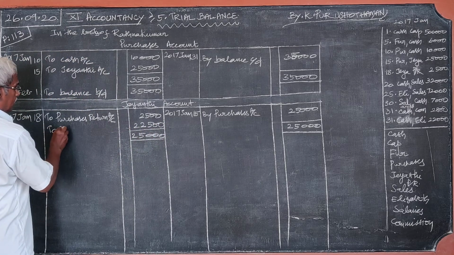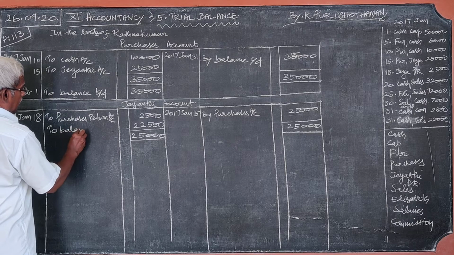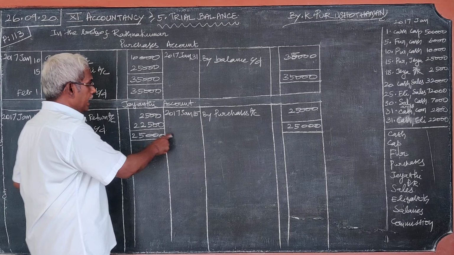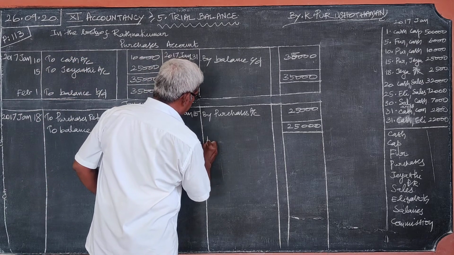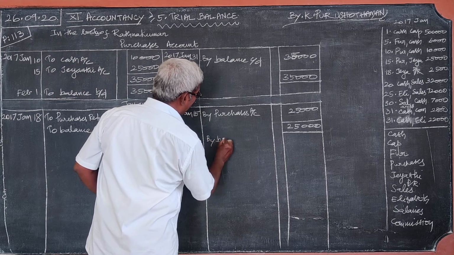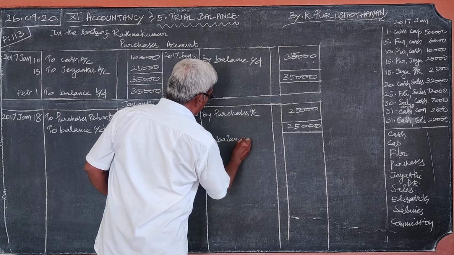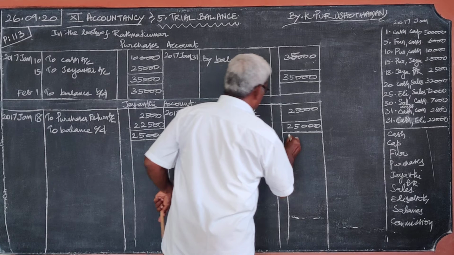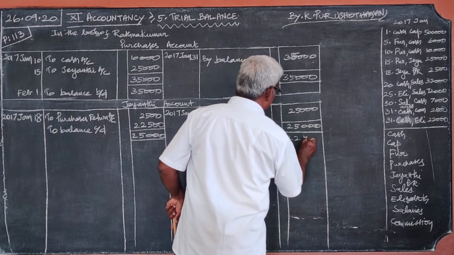So to balance, carried down. Since this side is carried down, on the opposite side balance brought down, the same amount, 22,500.